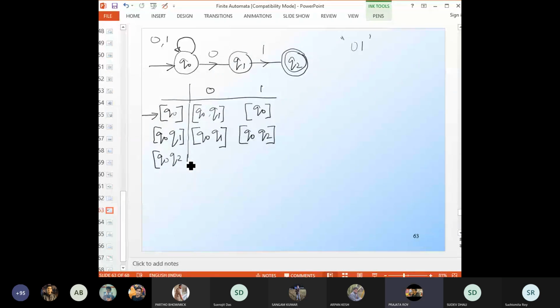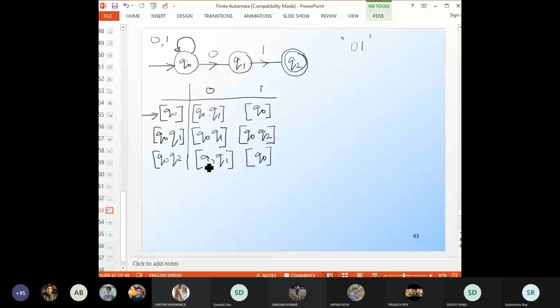Ma'am, it gives Q1, Q2 on 0. Q0, Q2 on 0 goes to Q0, Q1 as before. And here it goes to Q0, because from Q2 there are actually no outgoing transitions.